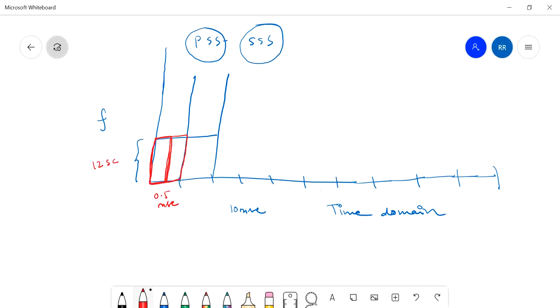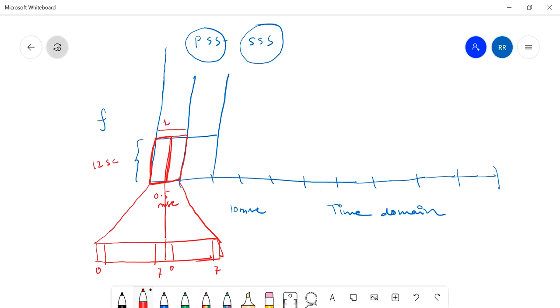So if we see how PSS and SSS are mapped, let's expand this. You know that these two will have 7 symbols, 0 to 7, and here also 0 to 7. So this is 1 RB, 0.5 millisecond, and this is complete.